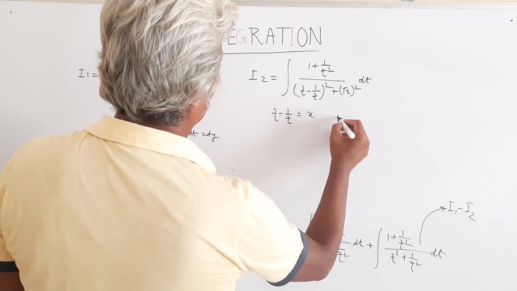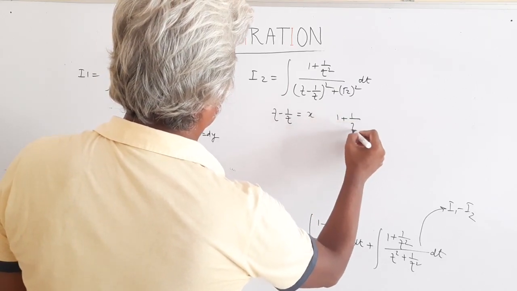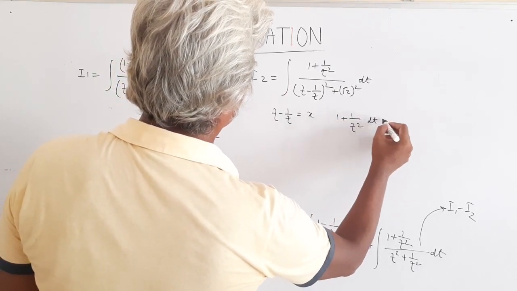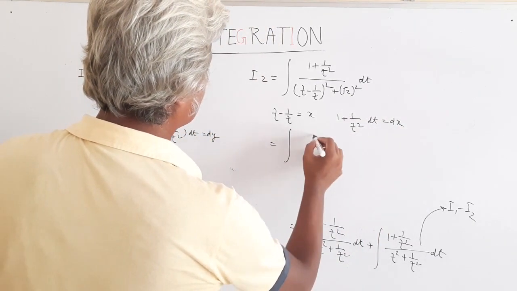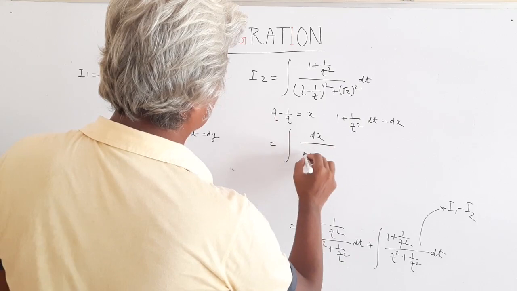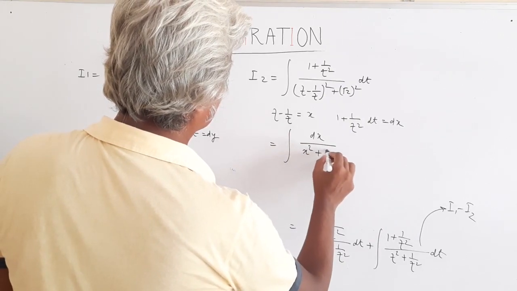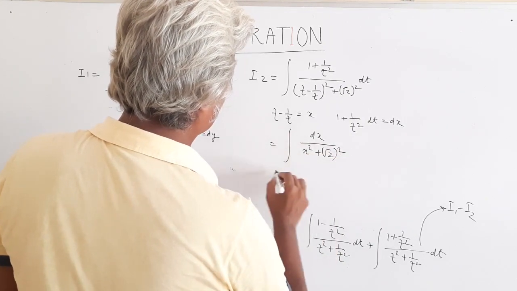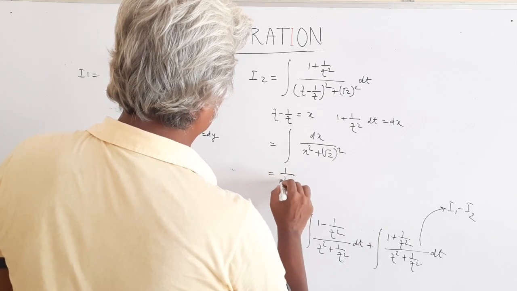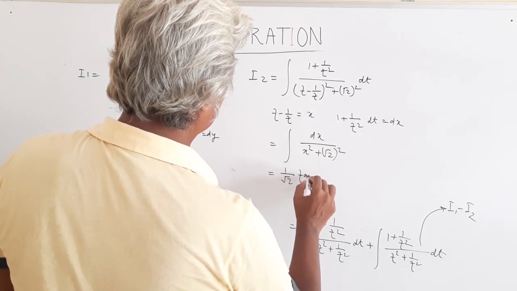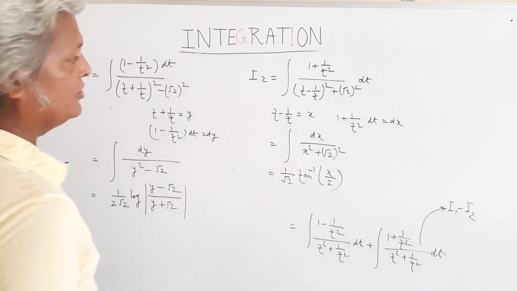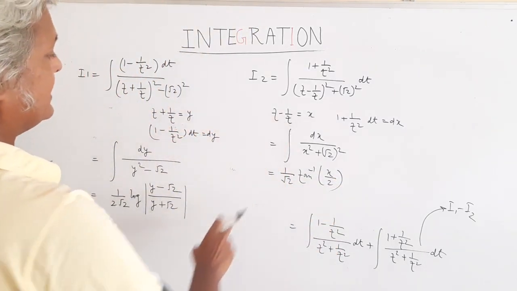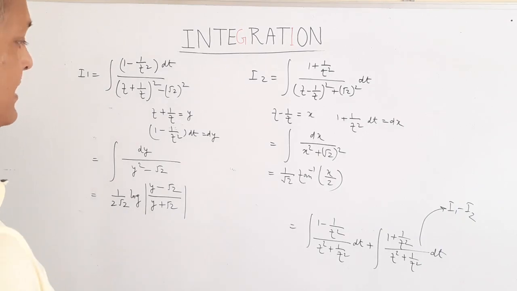So I'll get 1 plus 1 over t square dt as dx. So this is dx over x square plus root 2 square, and this gives you 1 over root 2 tan inverse x upon root 2, and x is t minus 1 by t.